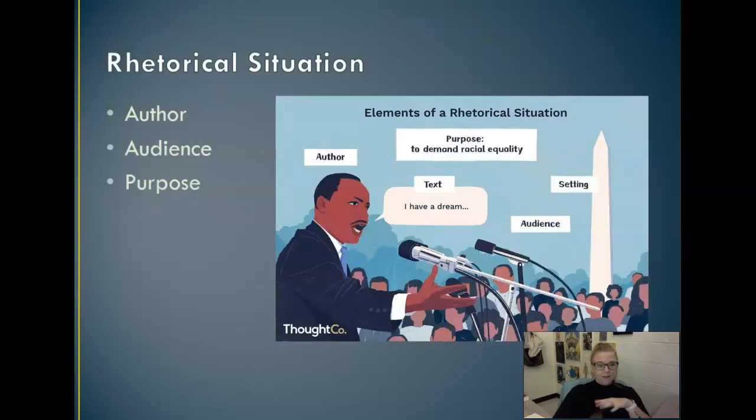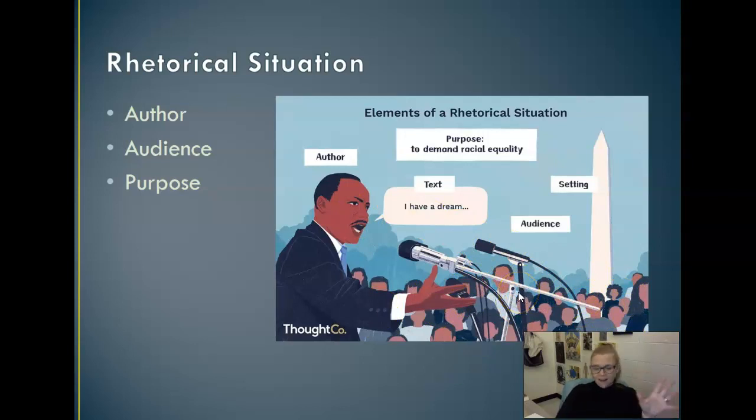Okay, so I want to look at the rhetorical situation, and those are author, audience, purpose. I have this little graph that I found online, and I thought it was really interesting because what we're looking at is Martin Luther King's I Have a Dream speech. Our author is Martin Luther King. Our audience, well, those were the people who were out there watching the speech.